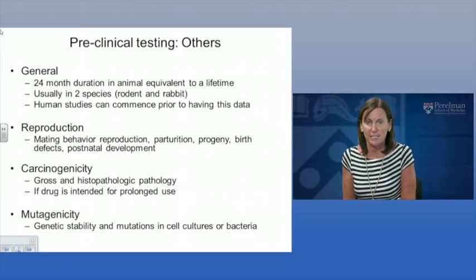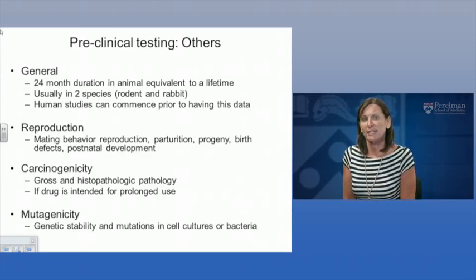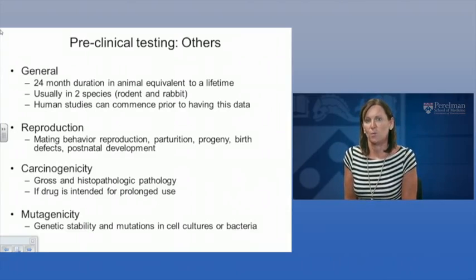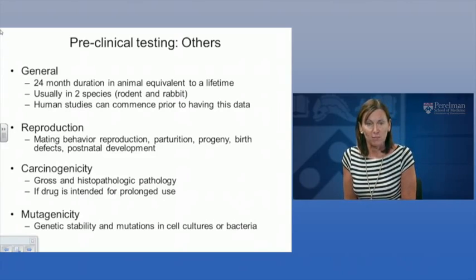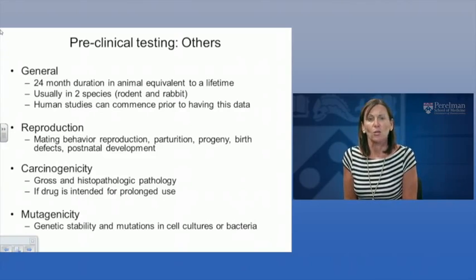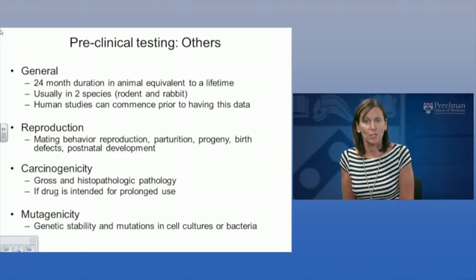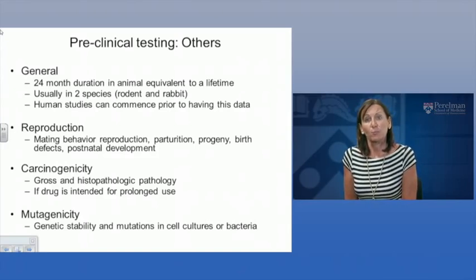So the teratogenicity data is essentially the data that affects reproduction. And the sorts of questions that we're interested in here are: does the drug alter mating behavior? Does it alter reproduction potential? Does it affect parturition, which is delivery of the offspring? Does it affect progeny?